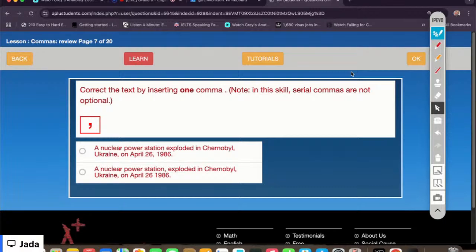Alright, so: a nuclear power station exploded in Ukraine on April 26, 1986. So one common mistake here. What's that?